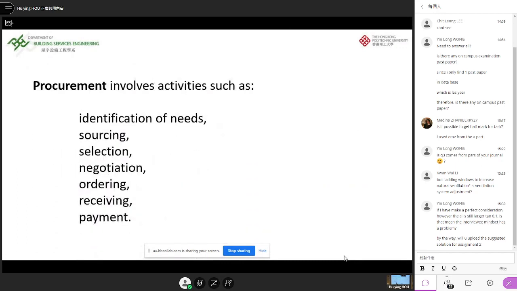And usually, what typical activities are included in a procurement process, such as identification of needs, sourcing, selection, negotiation, ordering, receiving, and payment. In the lecture, I used one activity asking you to identify the activities during your daily purchasing, if you remember it.